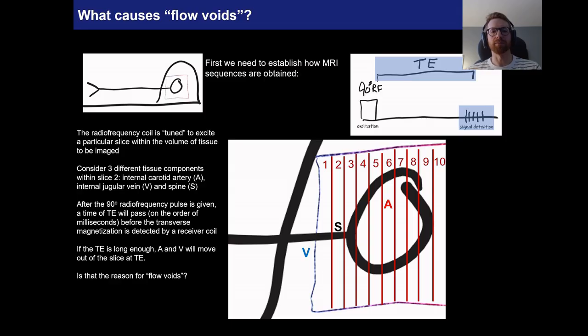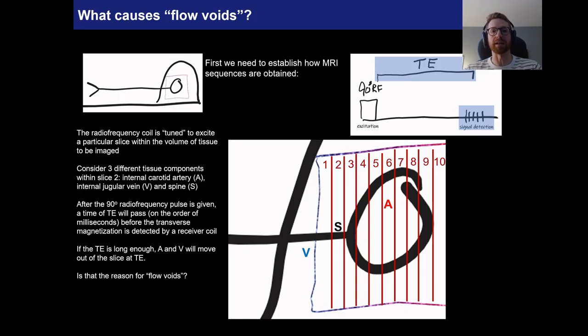We detect signal from anywhere the receiver coil is located. So if we're using a head coil, then we're going to detect signal anywhere in the head. Even though we generated signal only from slice 2 in the upper neck, we'll be able to detect that signal even if it moves, as long as it's within the domain of the head coil.